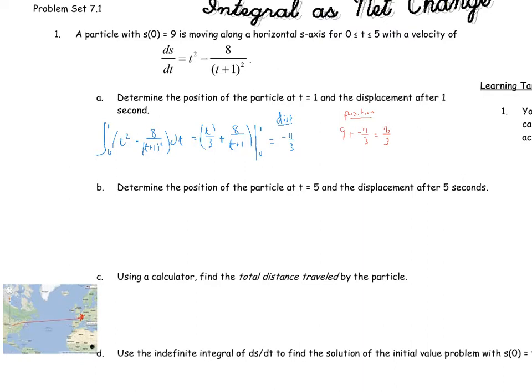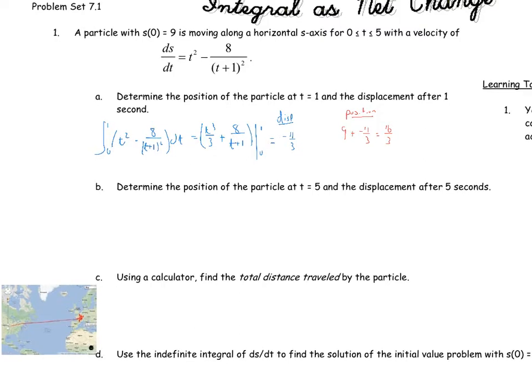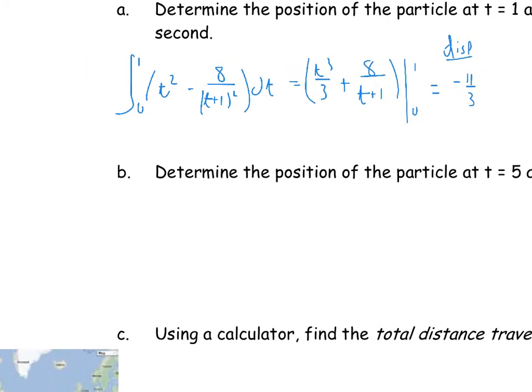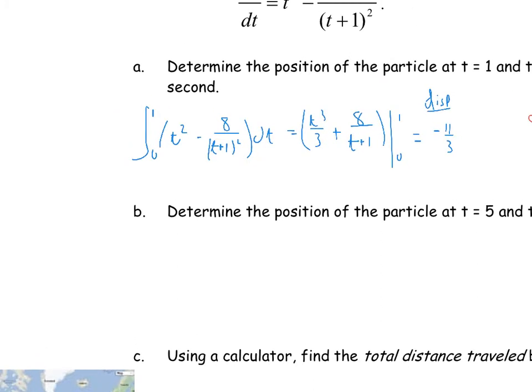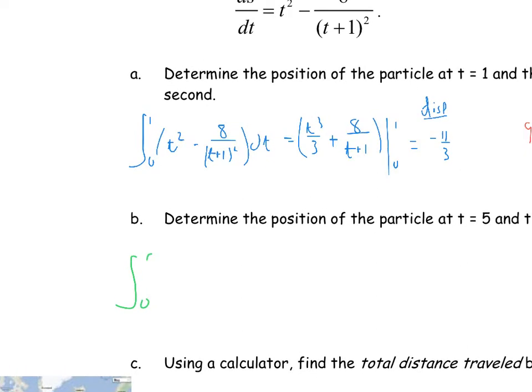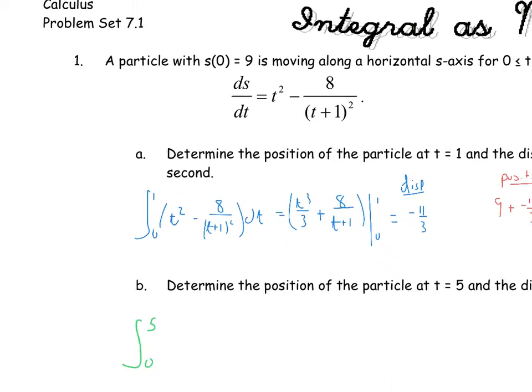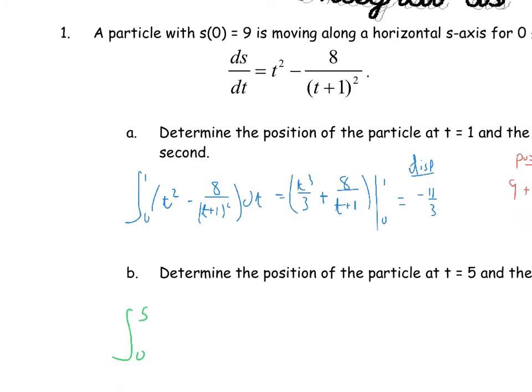Okay, part B, determine the position of the particle at t equals 5 and the displacement after 5 seconds. So same thing. We're just going to do it at 5. So find the displacement for the first 5 seconds, which is the integral from 0 to 5. I'm just going to write it as s prime, or whatever. I'll write the whole function, I guess. You can just write ds dt in here.